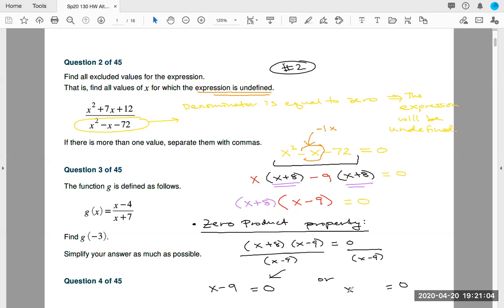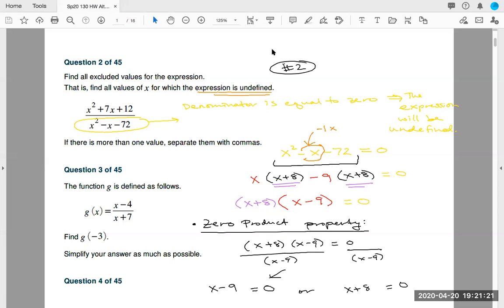I'd be left with x plus 8. Let me put the or between.